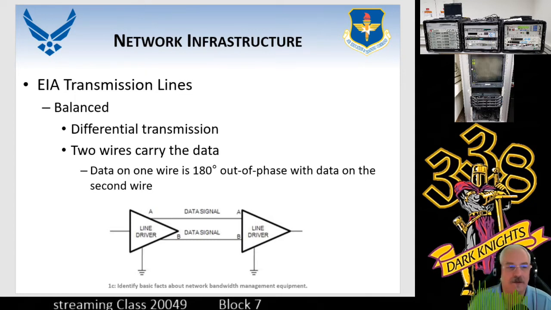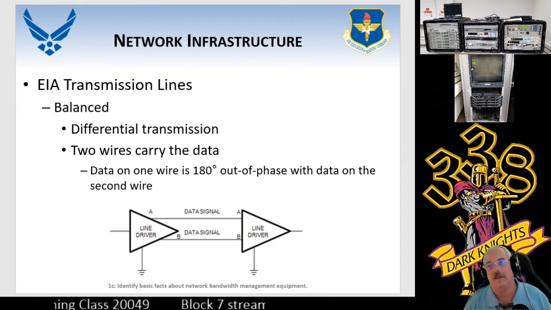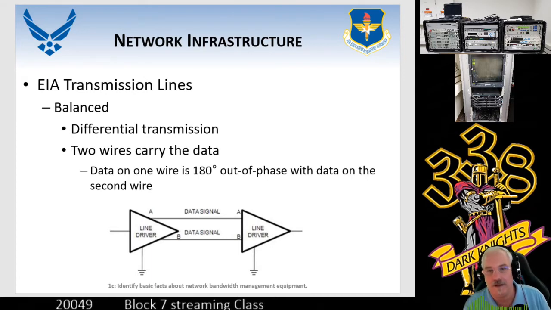So when it gets down to the other line driver, which is the right side, that line driver puts it together, reinstitutes both of them in the same polarity, and they put it together for the communication.